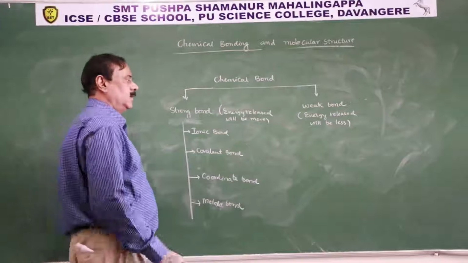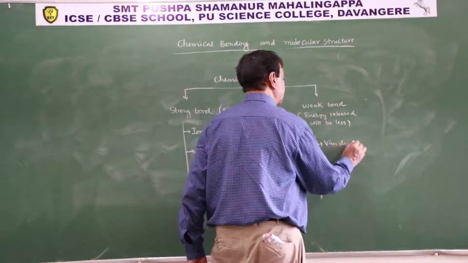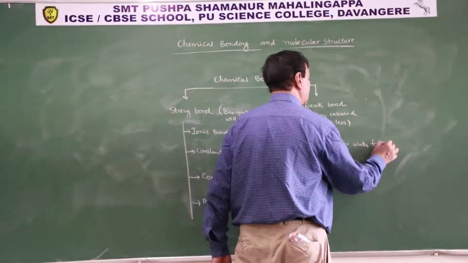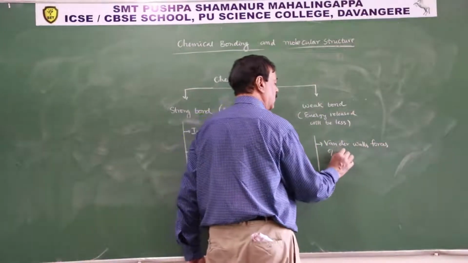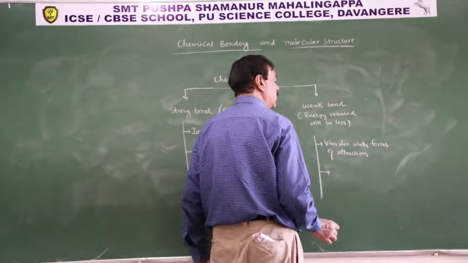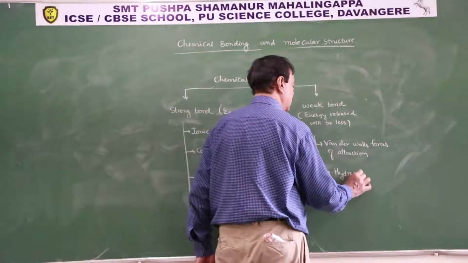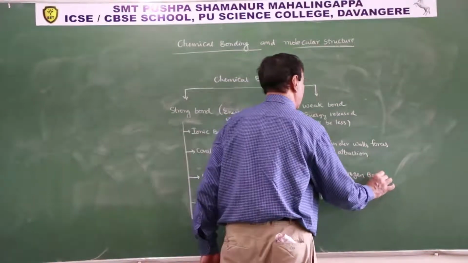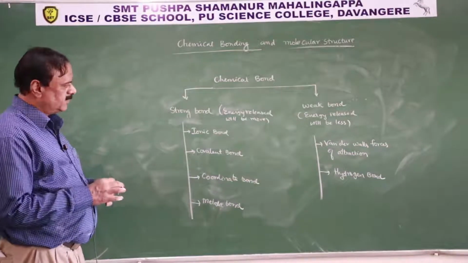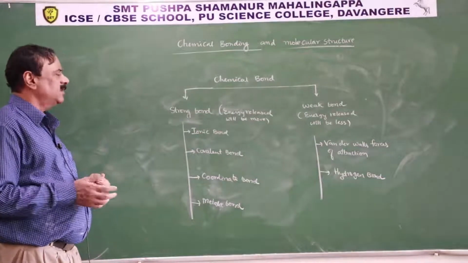Weak bonds are van der Waals forces of attraction and hydrogen bond. Is it clear? This is about the various bonds that are present in the molecules of the substance.